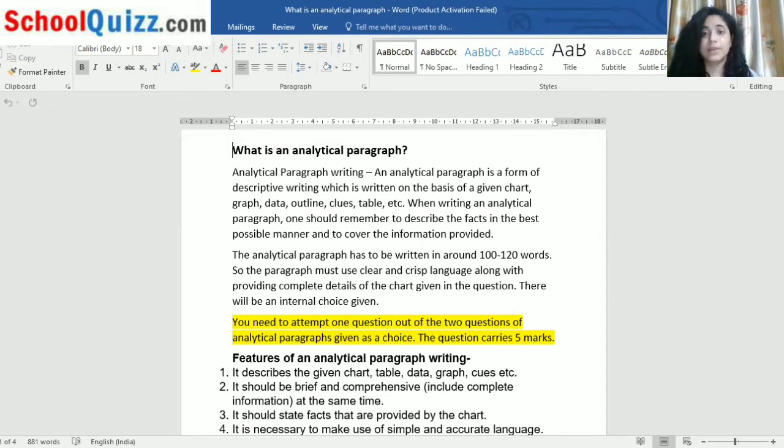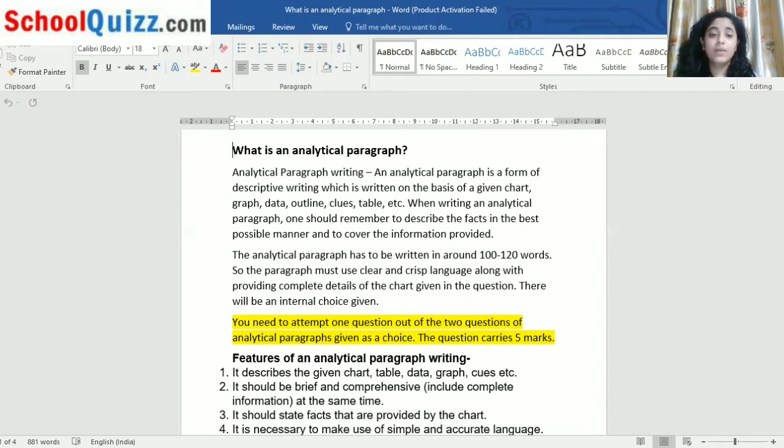We have to describe the facts in the best possible manner, means however much we can elaborate over the topic, we can do that. And we have to cover the information that is really provided over there.